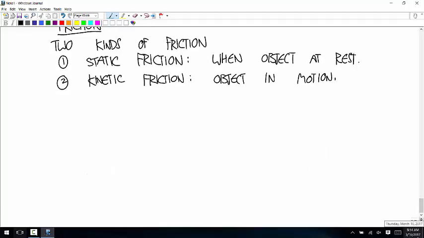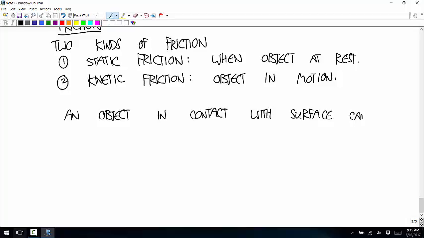In either case, let's say an object in contact with the surface can have two kinds of force.